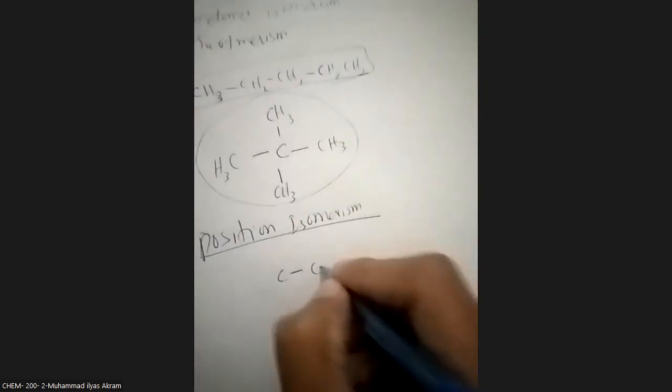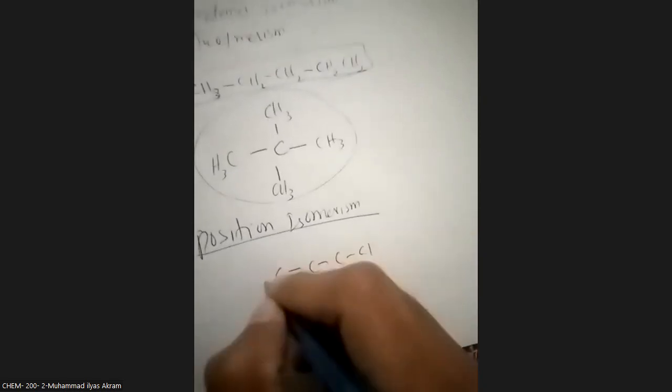What is position isomerism? Position isomerism means, let us have an example. So this is an example of position isomerism.